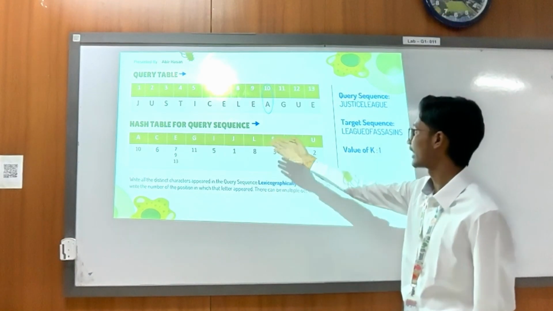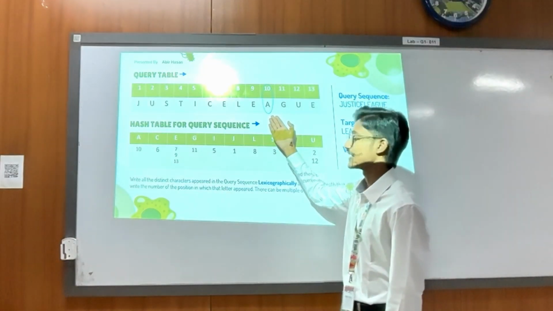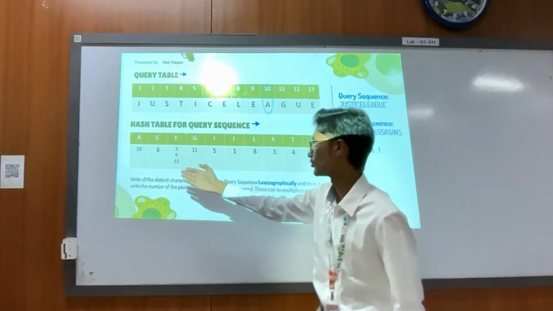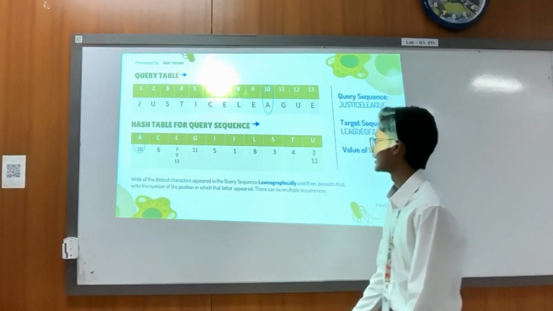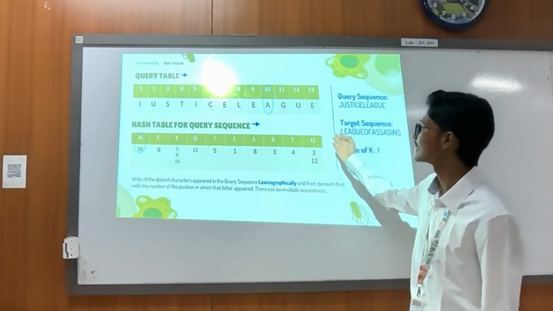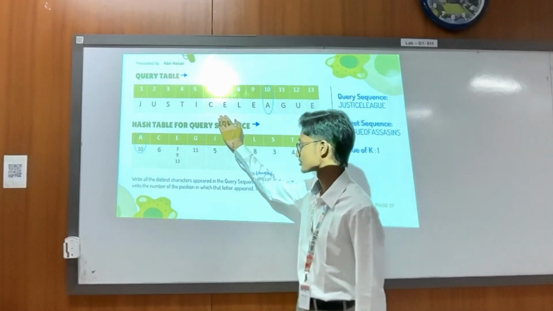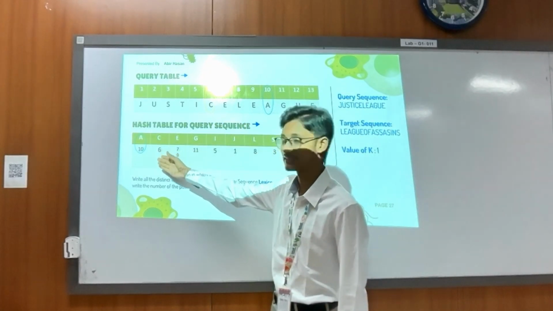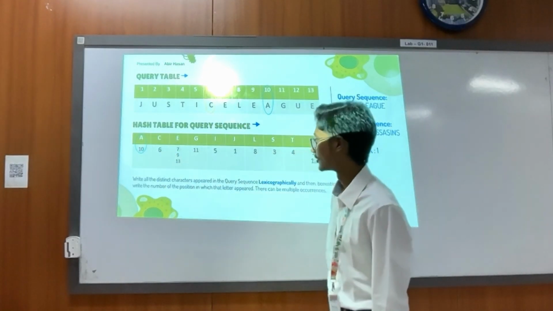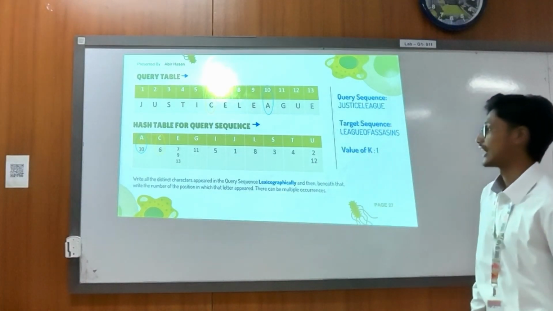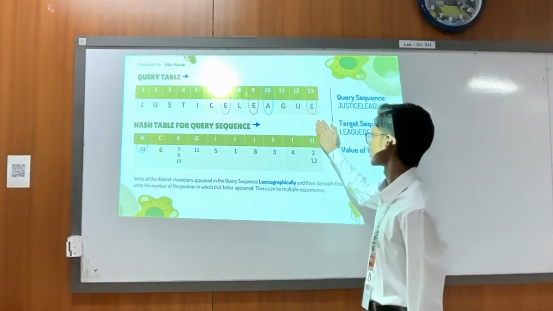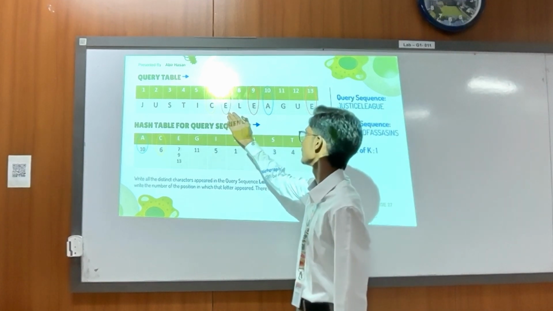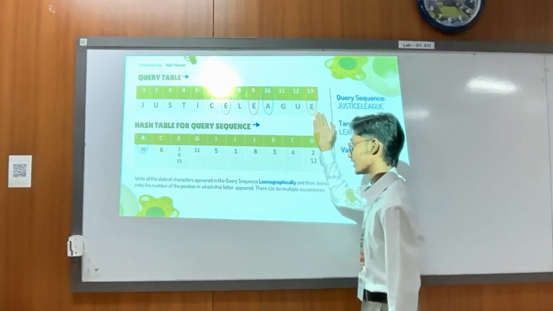For A, as you can see, A is at the 10th position, so we have put A at the 10th position. Then you can see that C is at the 6th position, so we have put C at the 6th position. After that, you can see that A is at 3 positions: first 7, then 9, and then 13.